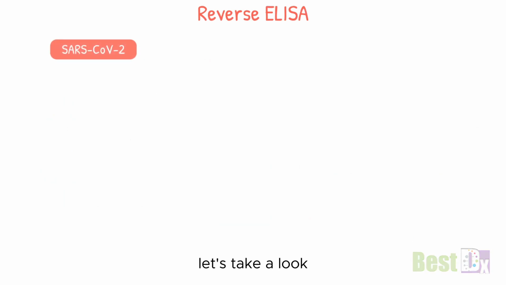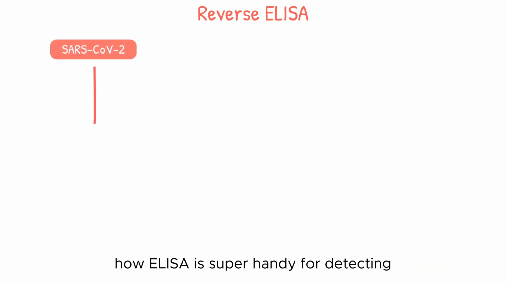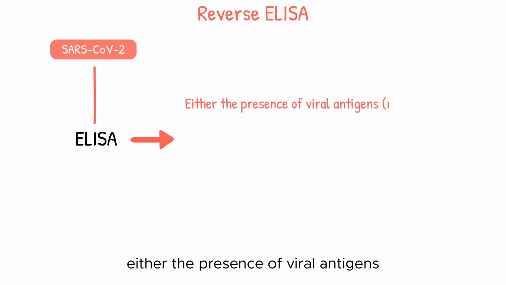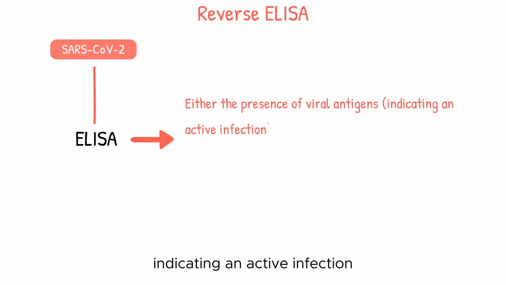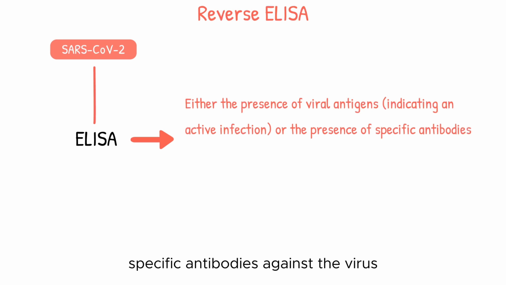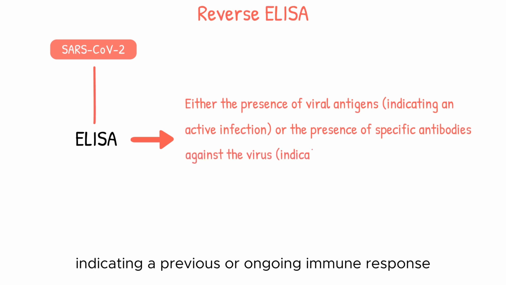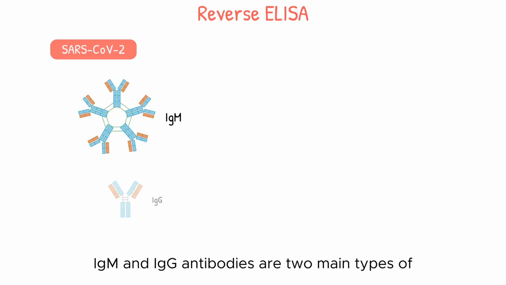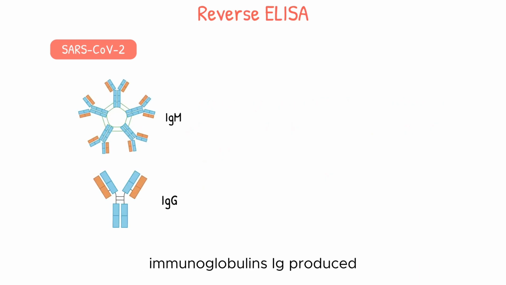Alright, let's take a look at how, for SARS-CoV-2, ELISA is super handy for detecting either the presence of viral antigens, indicating an active infection, or the presence of specific antibodies against the virus, indicating a previous or ongoing immune response. IgM and IgG antibodies are two main types of immunoglobulins, or Ig, produced by the human immune system.